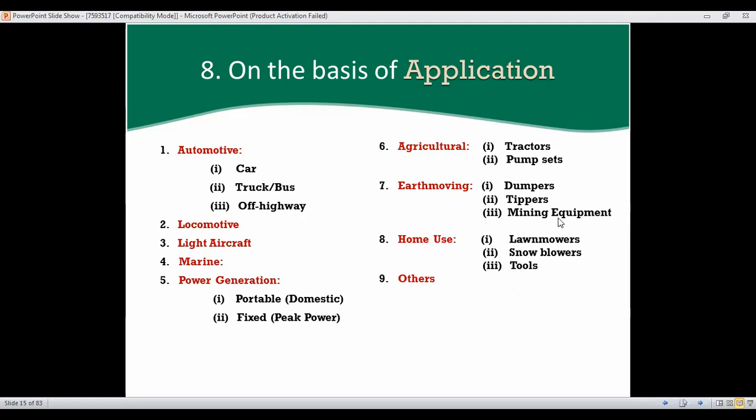These are the different applications for which different types of IC engine are used.